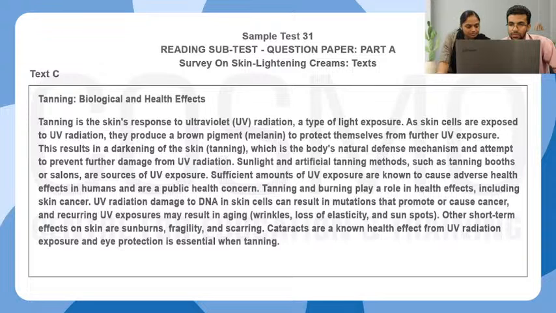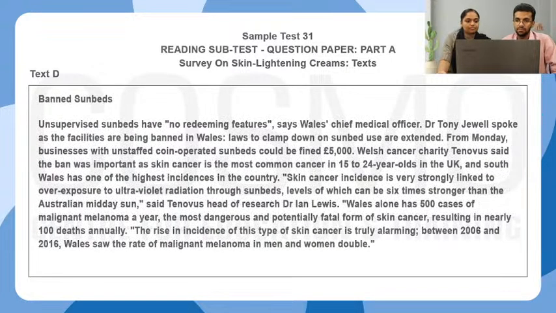So text C. You cannot see the words malignant melanoma there. The words malignant melanoma are mentioned nowhere in text C, so text C cannot be the right answer. So let's move on to text D. Yeah, here we got the words malignant melanoma.